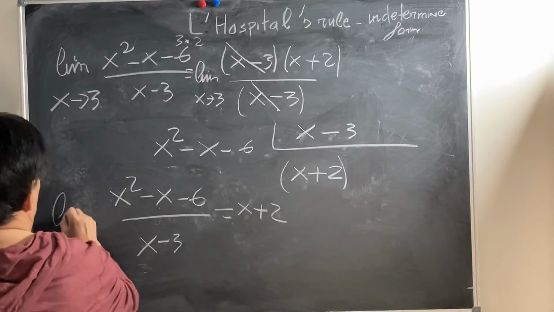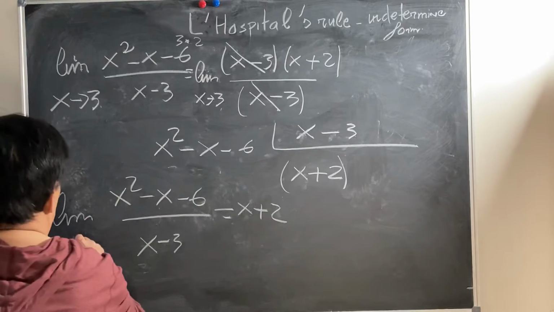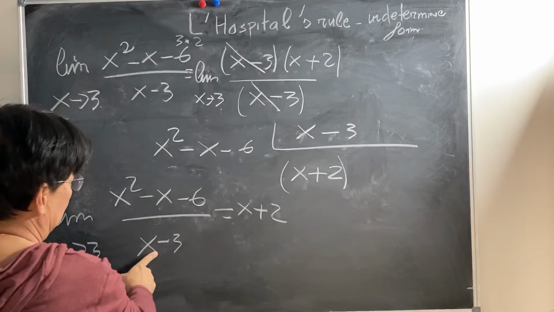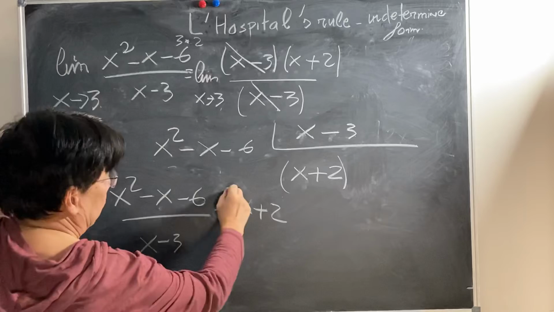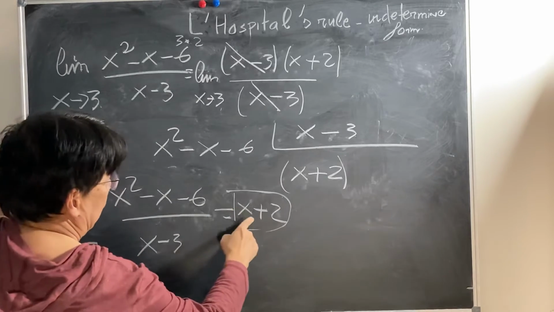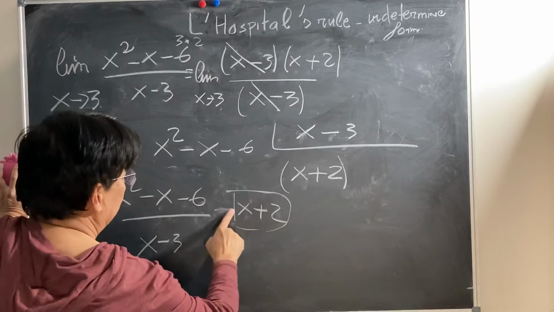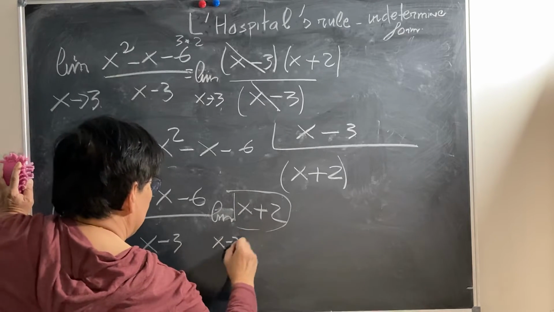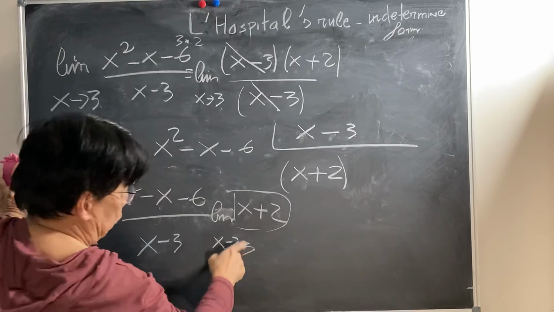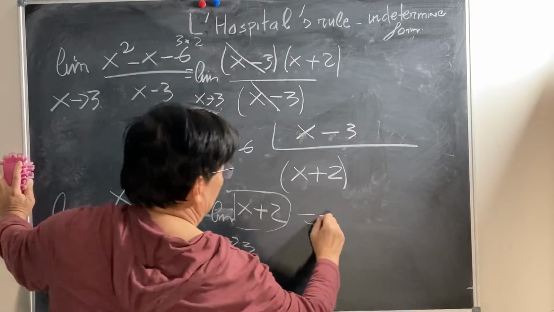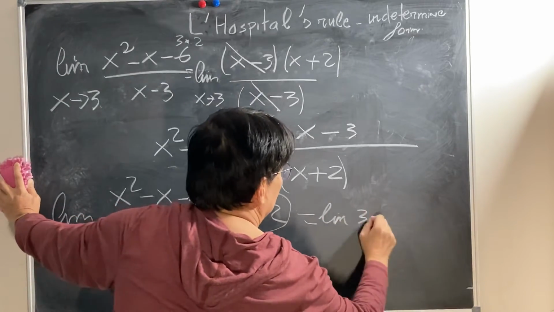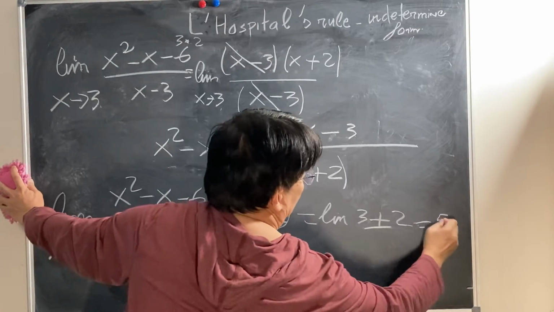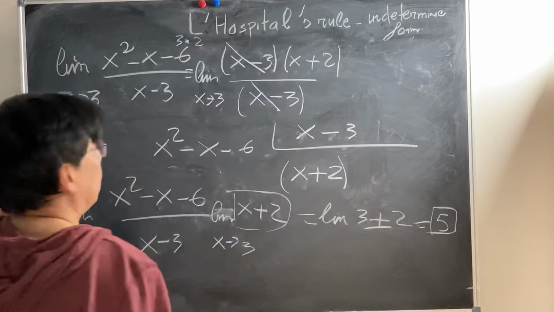The limit as x goes to 3 of (x squared minus x minus 6) over (x minus 3) equals the limit of x plus 2. Put 3 in here, then you have 3 plus 2, which equals 5. We got exactly the same answer.